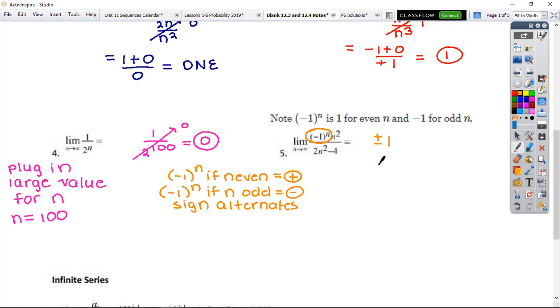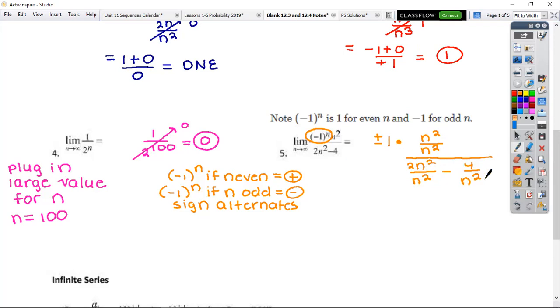And now I do my limits. So now I'm going to take all my n's and divide them by n squared. So times, and I'm going to go n squared over n squared. And then I'm going to go the other one. So I have 2n squared over n squared minus 4 over n squared.